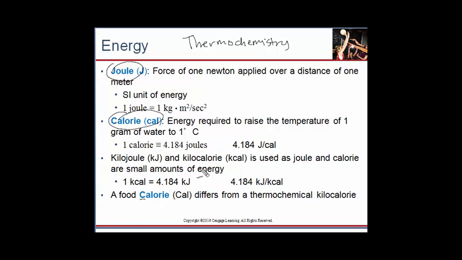These are all different. The only conversion factors we really need to worry about are that there are 4.184 joules in every calorie. And the same number, you'll have this on a conversion sheet during an exam, is 4.184 kilojoules per kilocalorie. And what you need to remember is that a capital C Calorie is the same thing as a kcal.